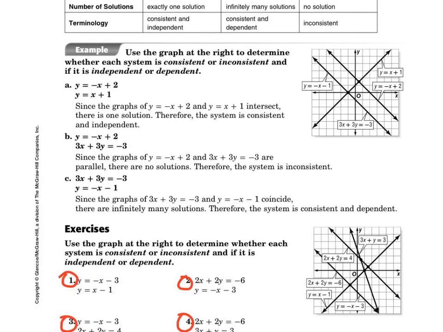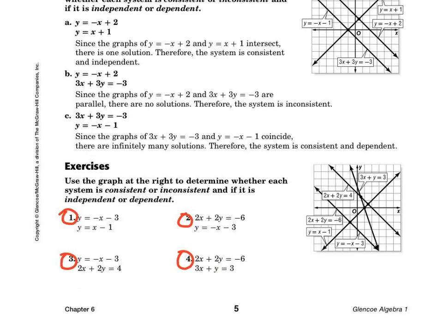All right. Independent practice. Read the directions here. It says use the graph at the right to determine whether the system is consistent or inconsistent, and if it is independent or dependent. So for 1, 2, 3, and 4, you're going to have a classification. It's either consistent, independent, consistent, dependent, or inconsistent.